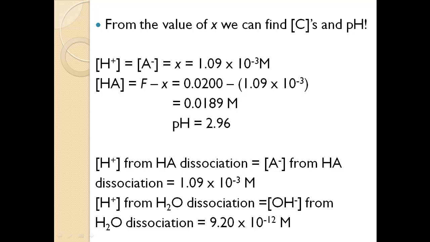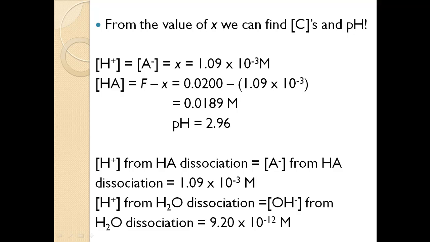And the concentration of HA, the original weak acid, would be F minus X, which is 0.020, the molar concentration of the solution, minus the amount that dissociated, which is obviously your X. That ends up being 0.0189. So now you have the molarities of all species at the end of the reaction. And of course, with the H plus concentration, you can find your pH, which ends up being 2.96.